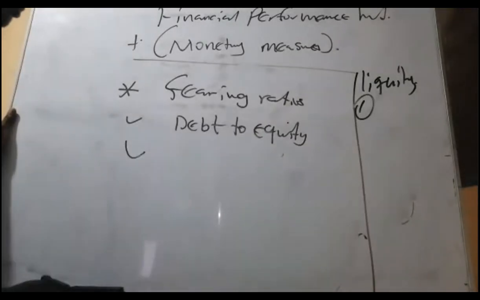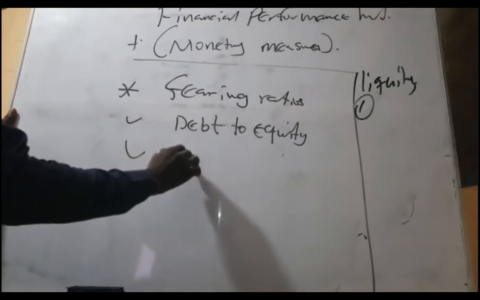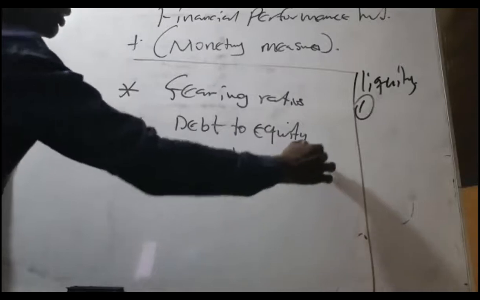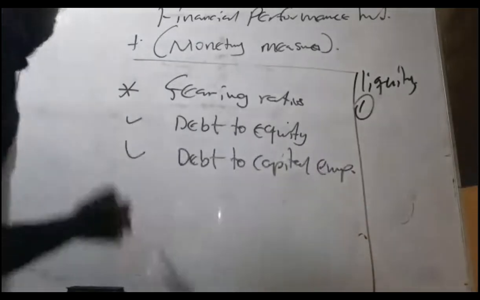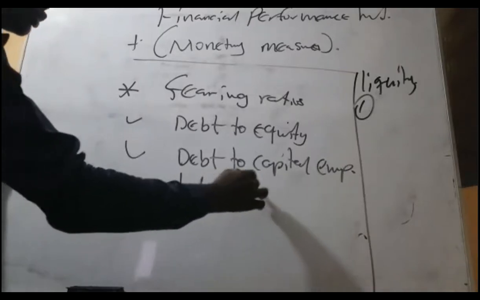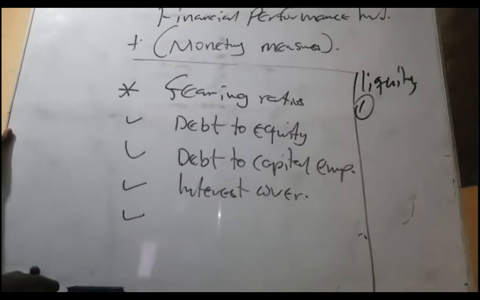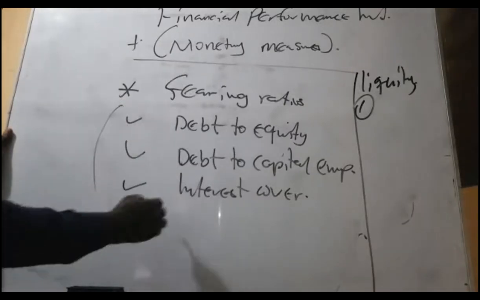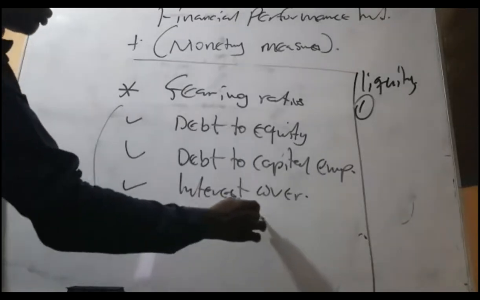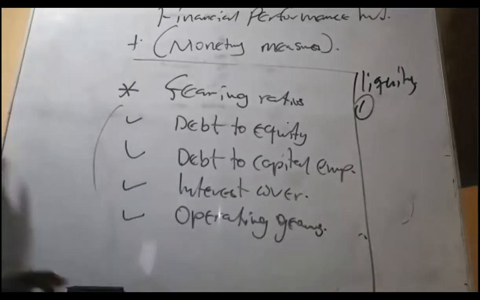Three, look at the debt to capital employed. Look at the interest cover. Look at the operating gearing. All these are financial gearing, and then operating gearing.